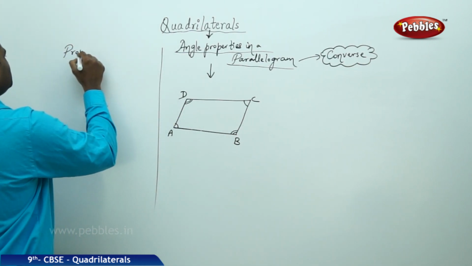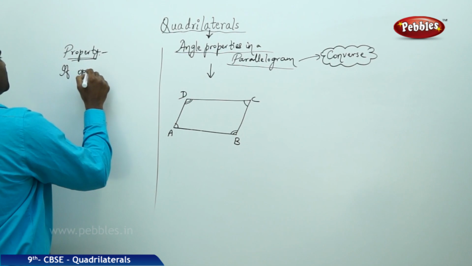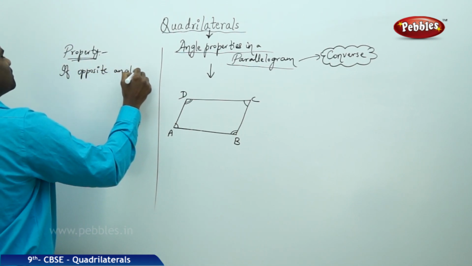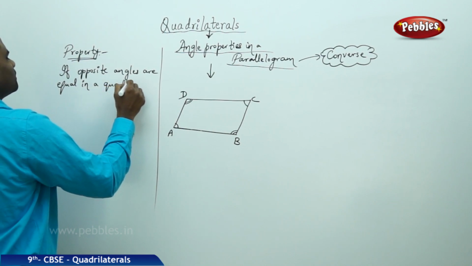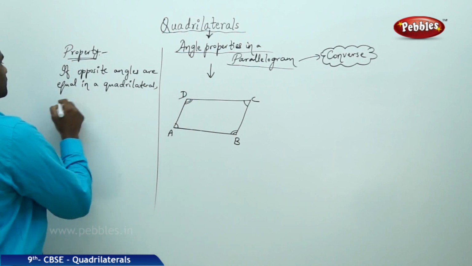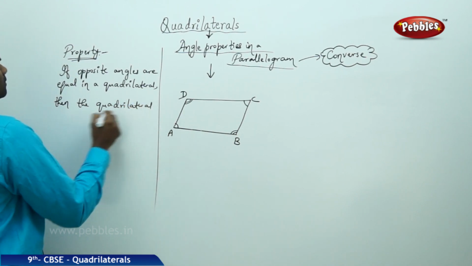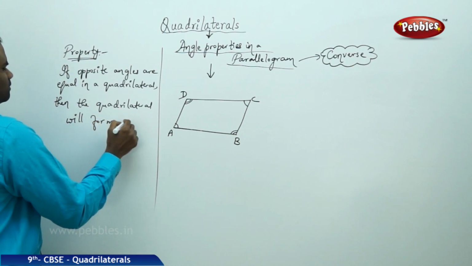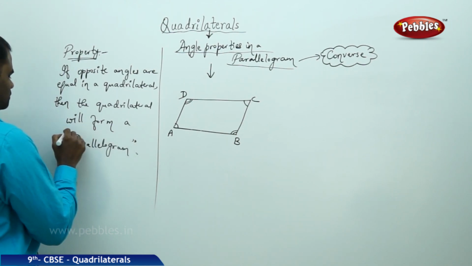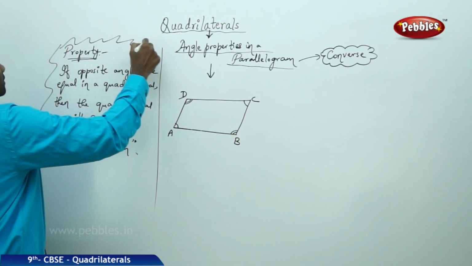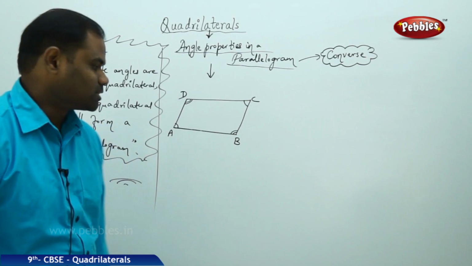So the property says, if opposite angles are equal in a quadrilateral, then the quadrilateral will form a parallelogram, is how I understand the property connecting the parallelogram with opposite angles.